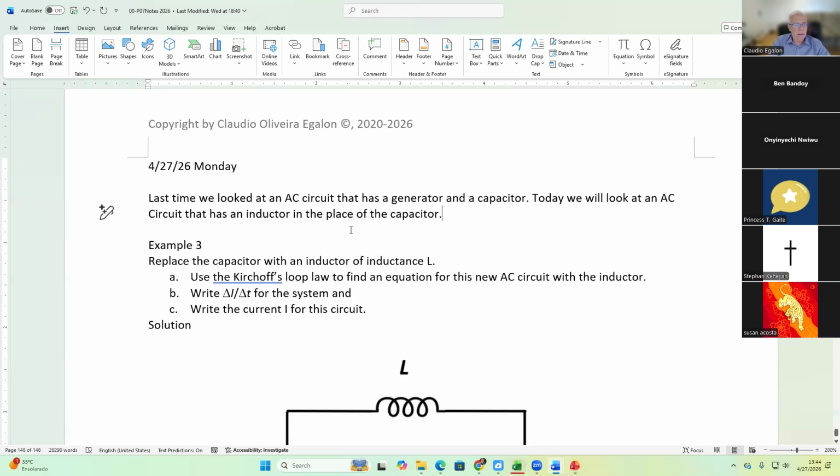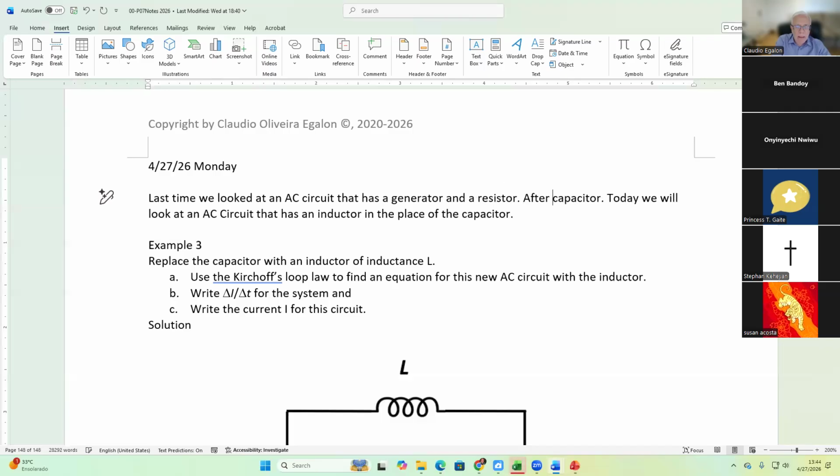Before that, we looked at an AC circuit that has a generator and a resistor. We did that here.